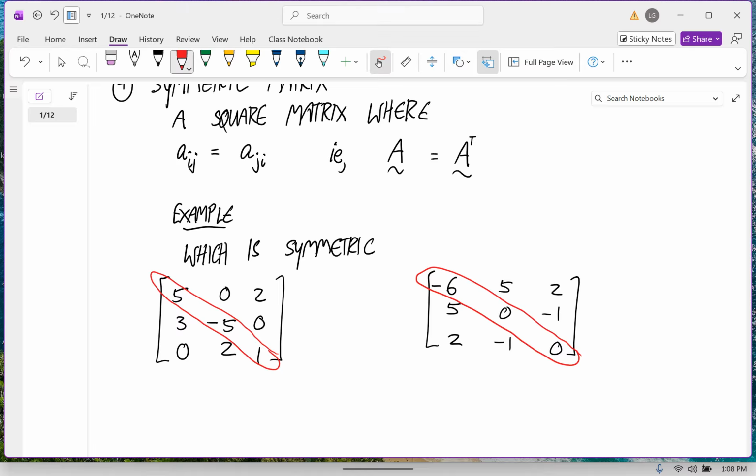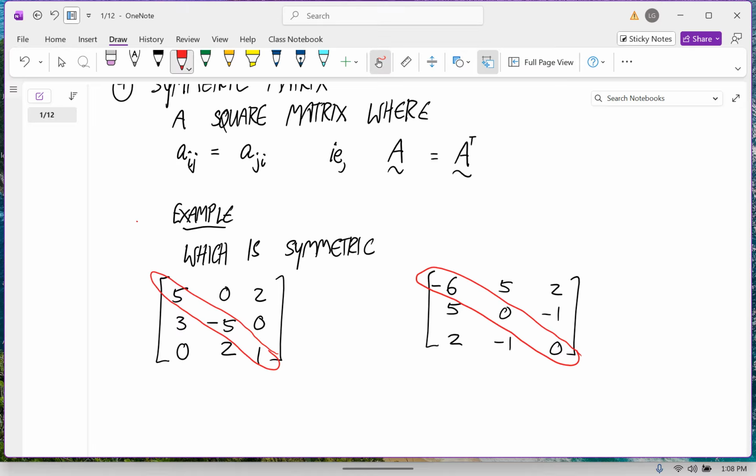For it to be symmetric, this 1,2 element has to match the 2,1 element. The 1,3 element has to match the 3,1 element. And the 2,3 has to match the 3,2.